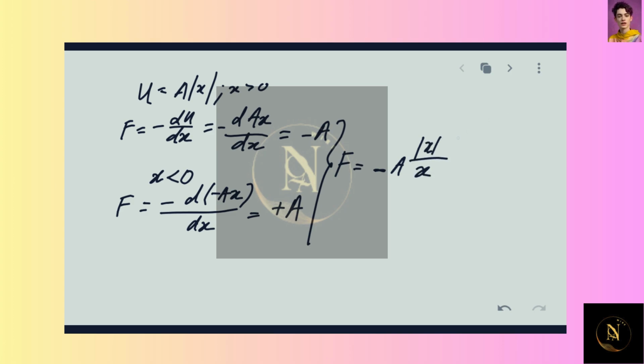So what this helps us with is that if x is a positive value, this will be negative a. But if x is a negative value, this will be positive a. You can see that this will divide because they have the same magnitude, and you will get 1 or negative 1 based on the sign of our x.